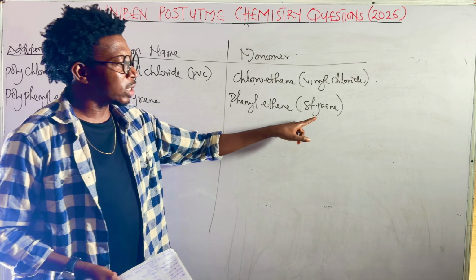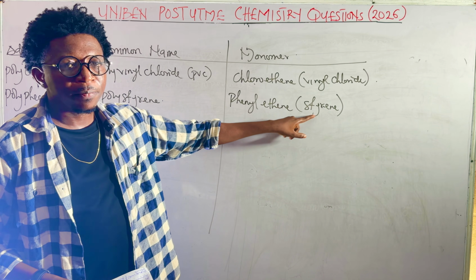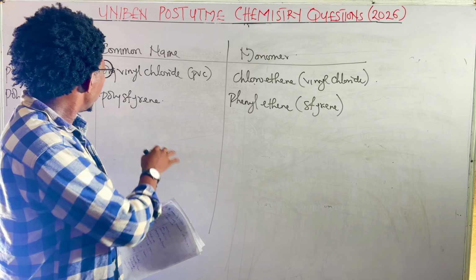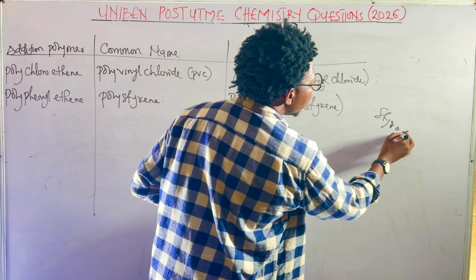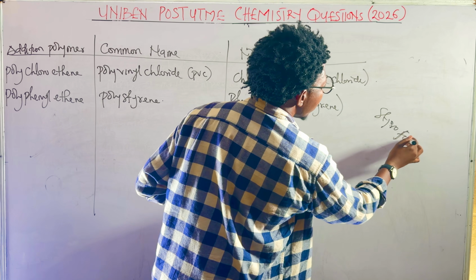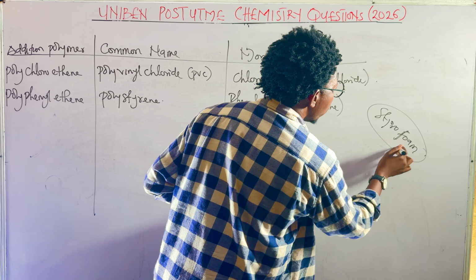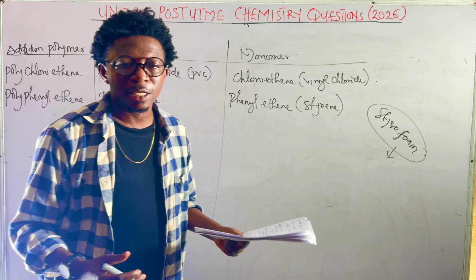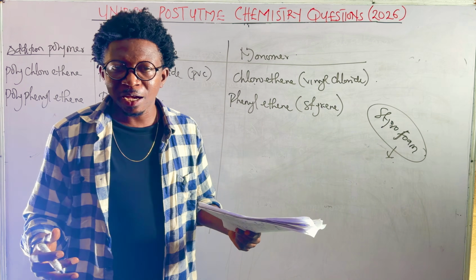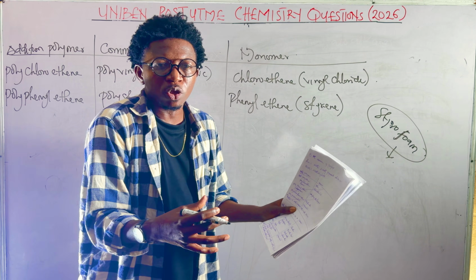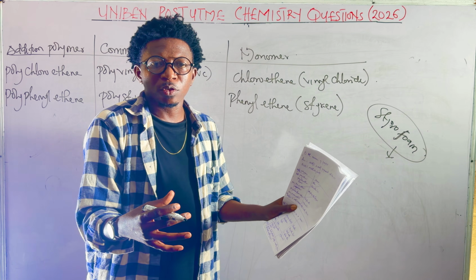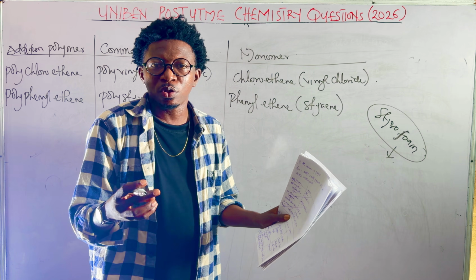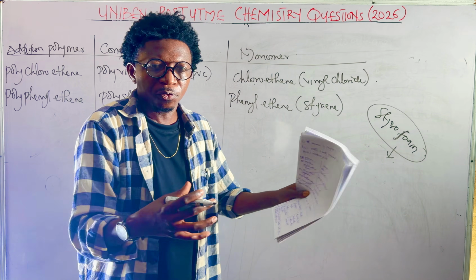Please, one thing you should note is that if you blow air or foaming agent through polystyrene, we are going to get styrofoam. Styrofoam is very common. You see it in any new appliance.